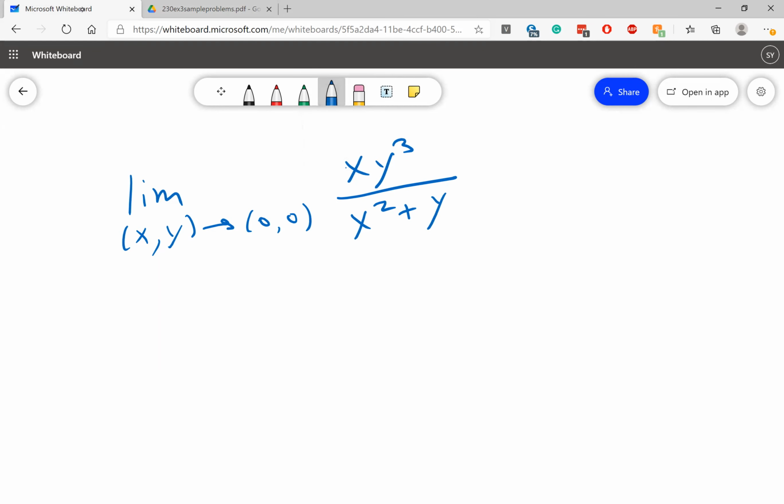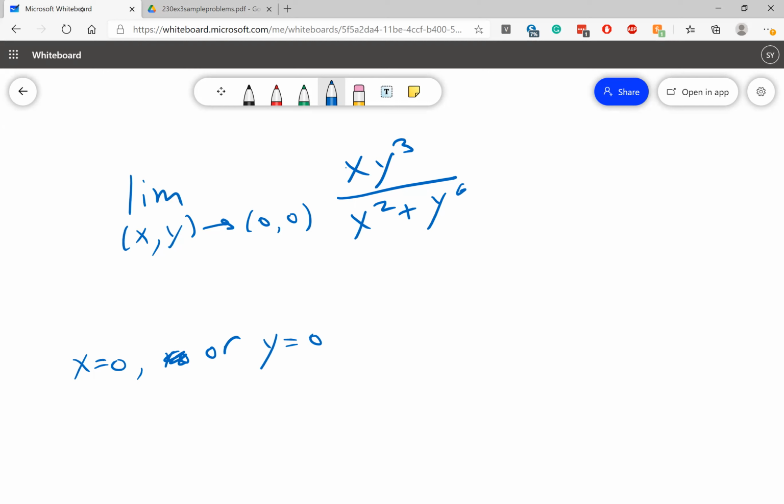In these types of questions, we should notice that if x is equal to 0, or if y is equal to 0, then the top part is going to be equal to 0, and so the whole thing should be equal to 0.